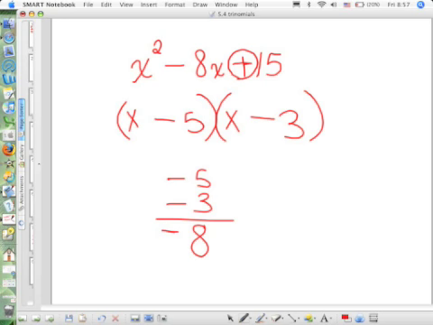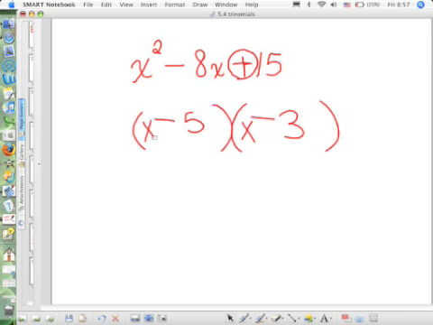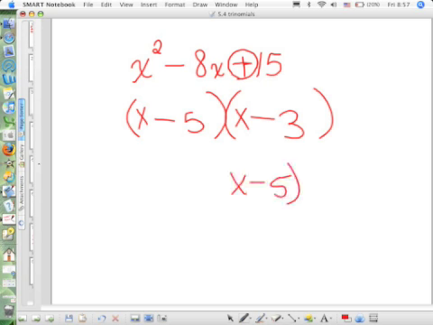Okay, Parker's saying, is it okay if you have it this way? Yes, that's the same thing. Okay, because it's 2 terms being multiplied.